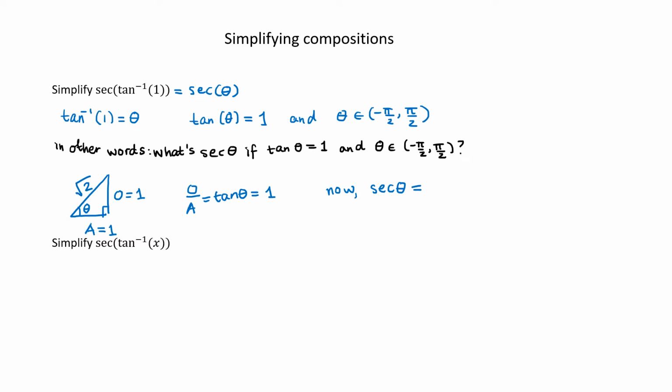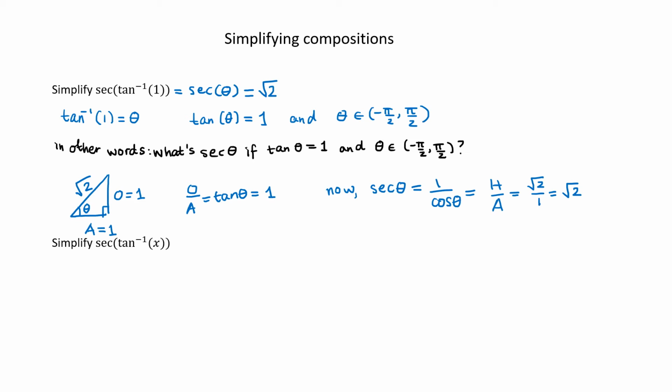This is 1 over cosine of theta, or the hypotenuse over the adjacent side. If we look at our triangle, the hypotenuse has length square root of 2, and the adjacent side has length 1. So this is square root of 2 over 1, or square root of 2. So we can simplify secant of inverse tangent of 1 down to just being square root of 2.